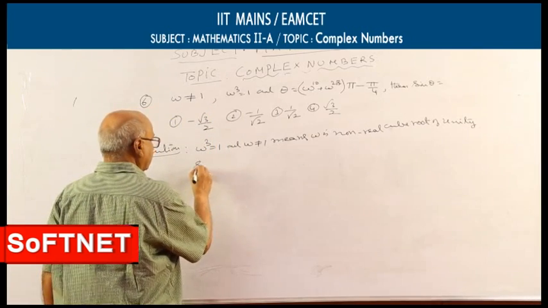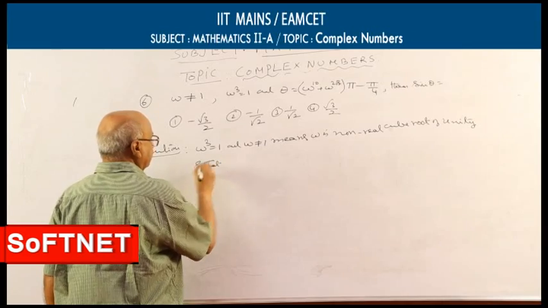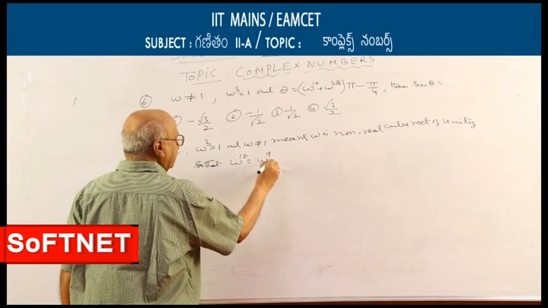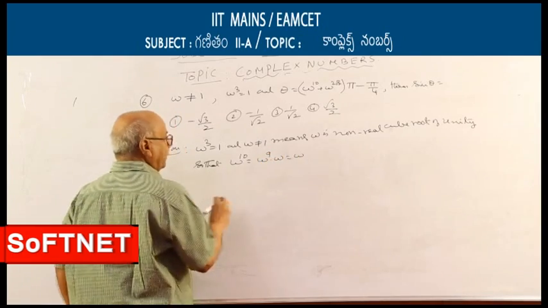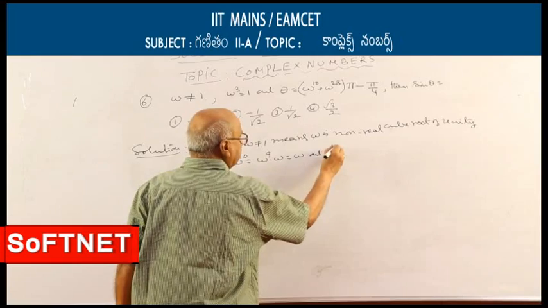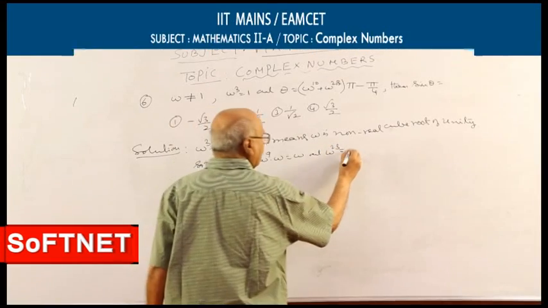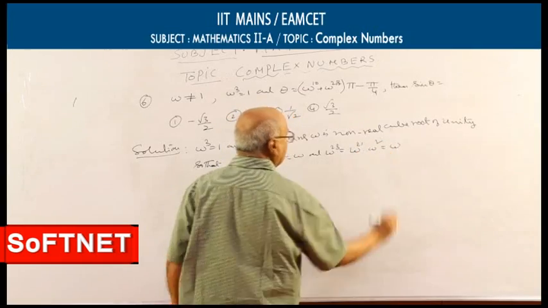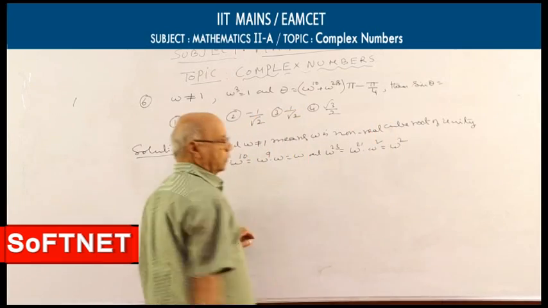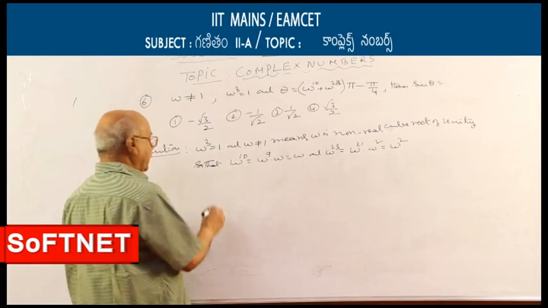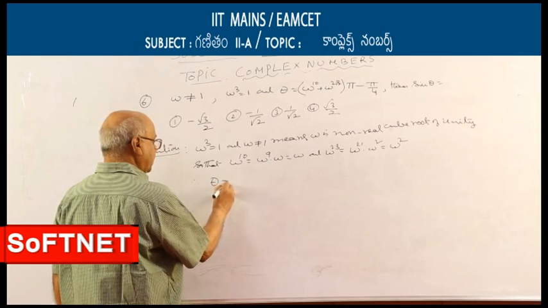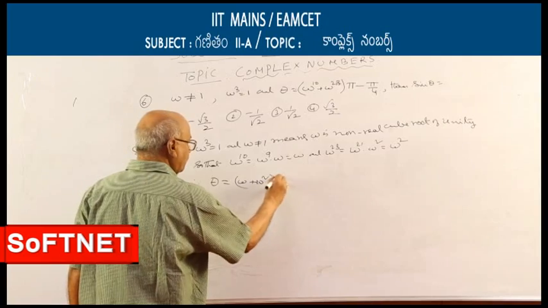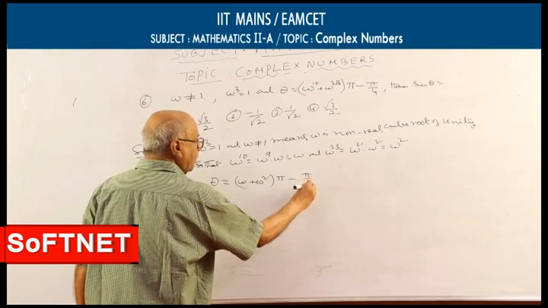So that omega power 10 is equal to omega power 9 into omega, which is equal to omega, and omega power 23 is equal to omega power 21 into omega square, which is equal to omega square. So therefore, theta is equal to (omega plus omega square) into pi minus pi by 4.